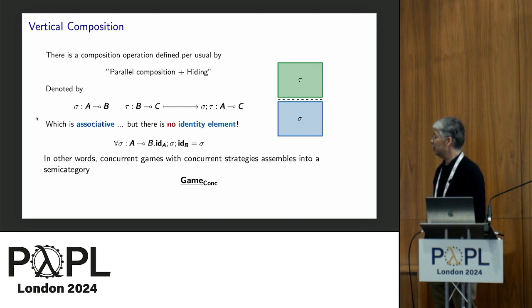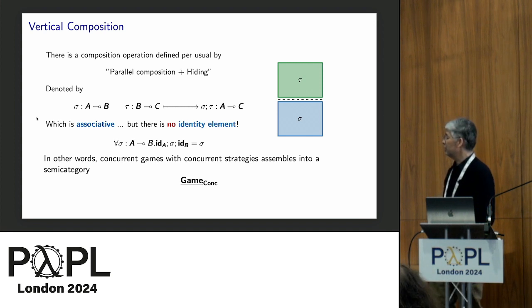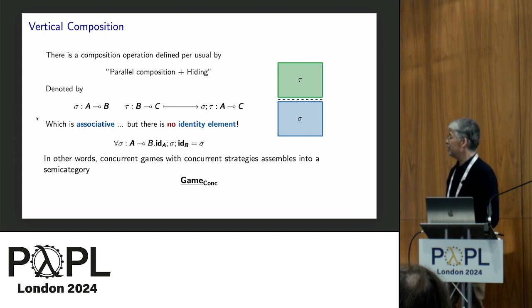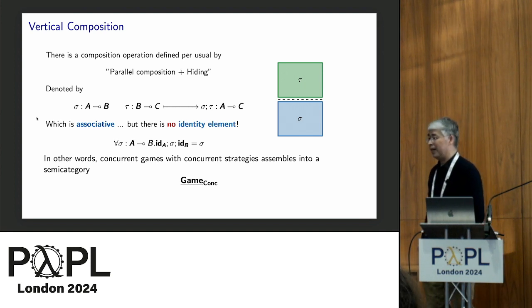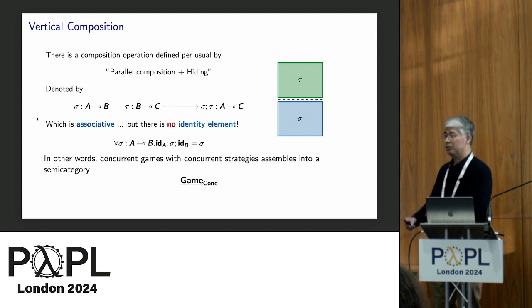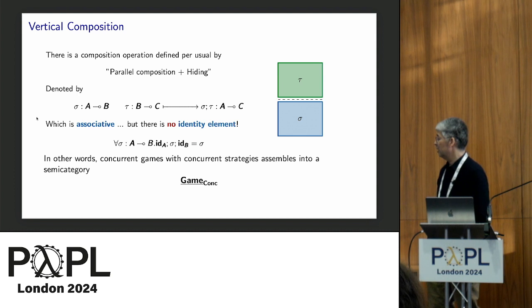So immediately, you would start to ask, can we compose these two games? Yes, you could. If you have two strategies, sigma and tau, even in this concurrent game setting, you could show that composition is associative. But it does not have an identity element. Because you do the parallel interleaving, it's not obvious what the identity is. So you get a kind of semi-category, because you are associative but you don't have an identity element.